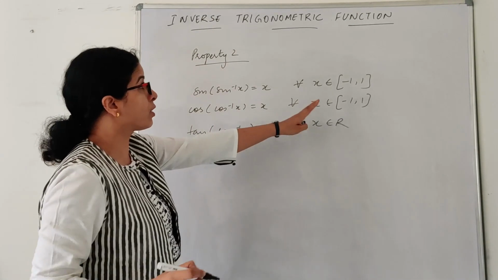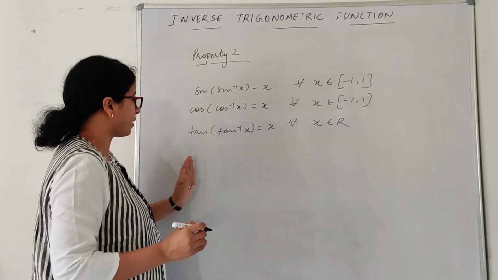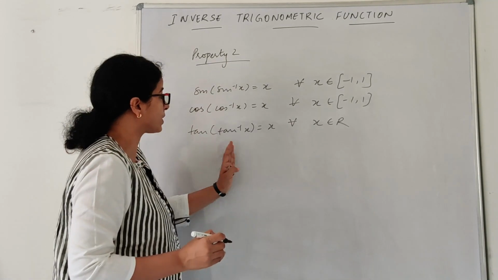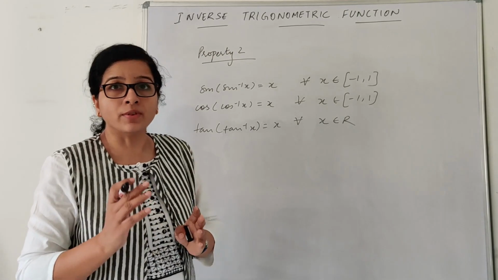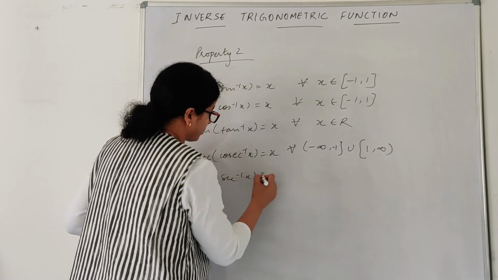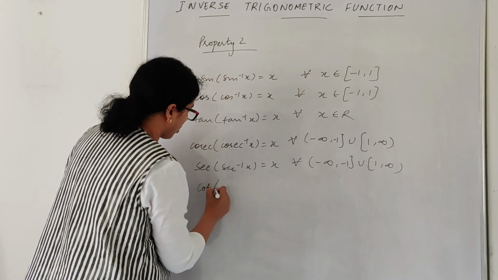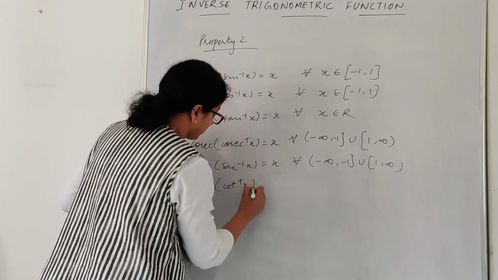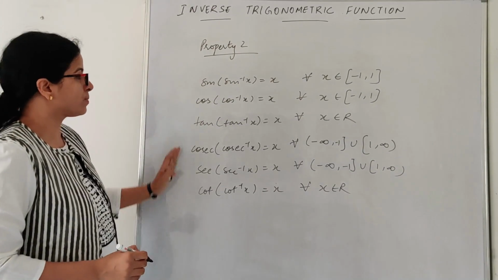So in their respective domains, tan of tan inverse x, or cosecant of cosecant inverse x, will also be equal to x. Sec of secant inverse x will be equal to x for all x in its domain, and cot of cot inverse x will also be equal to x for all x belonging to R. So this is my second property.